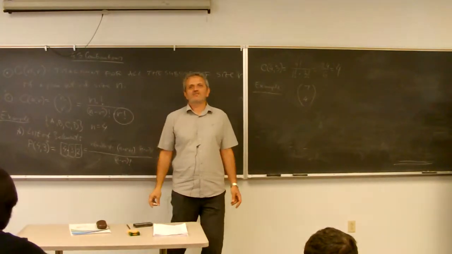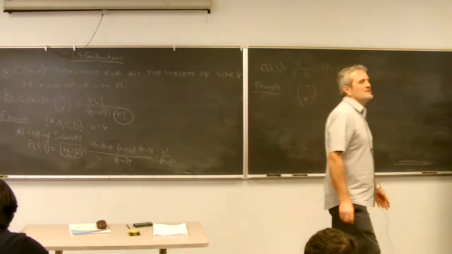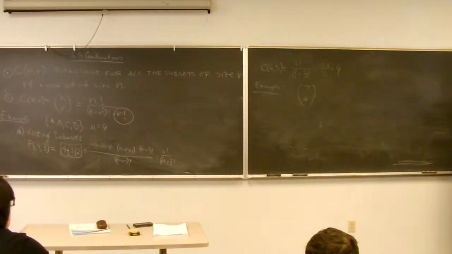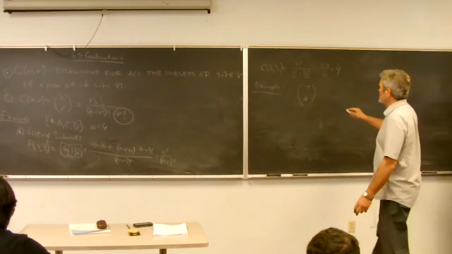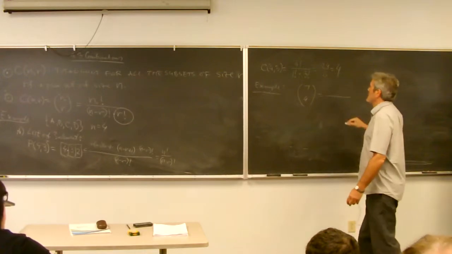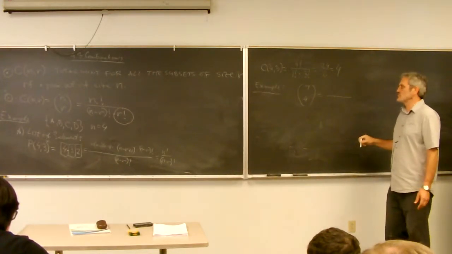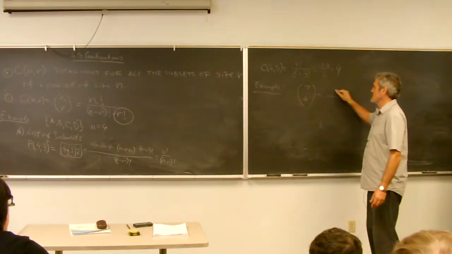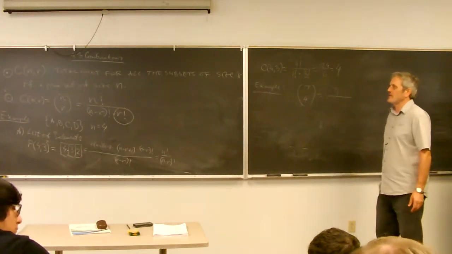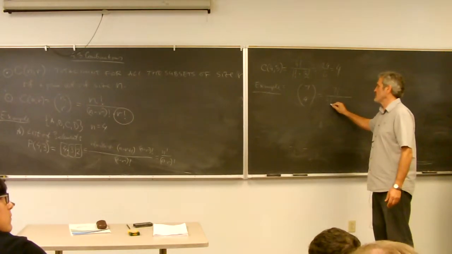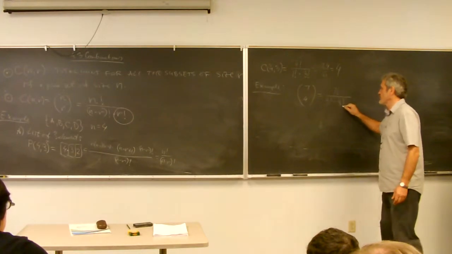I have 7 objects, and I need to choose 4. In how many ways can I choose them if the order is not important? If I do 7 choose 4, then the formula says take 7 factorial on top, 3 factorial on the bottom, times 4 factorial. Do you agree with me?